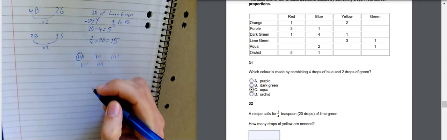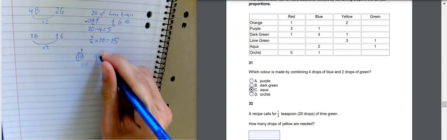So 1, 2, 3, 4, 1, 2, 3, 4, and so on. 5 fours are 20. There's our 20 drops. And these three will have to be yellow. And same for these three out of these four, and so on.